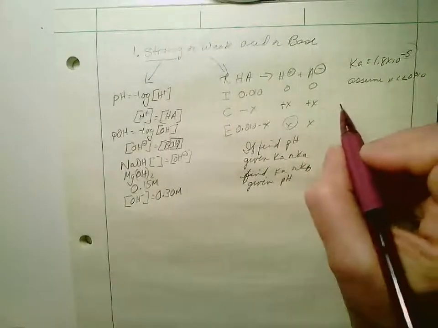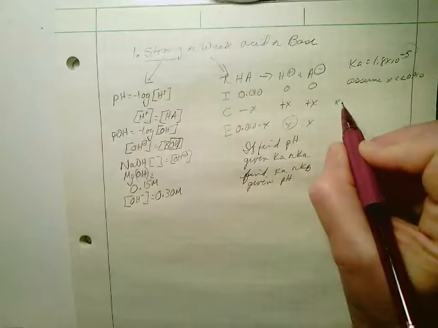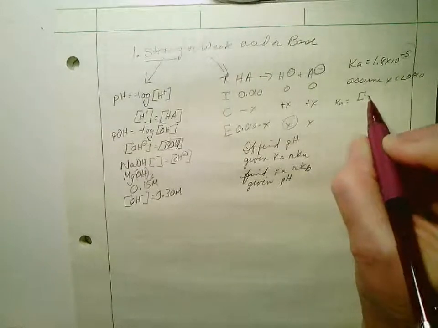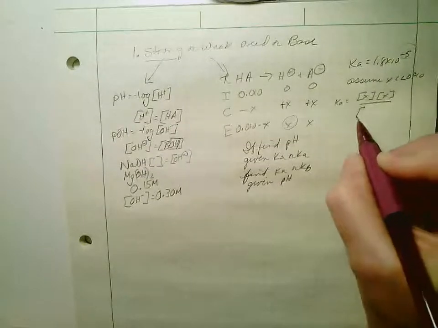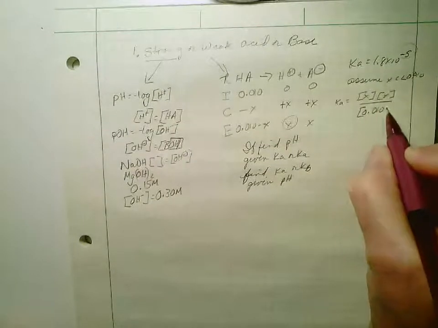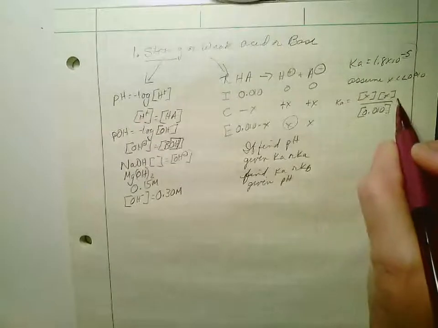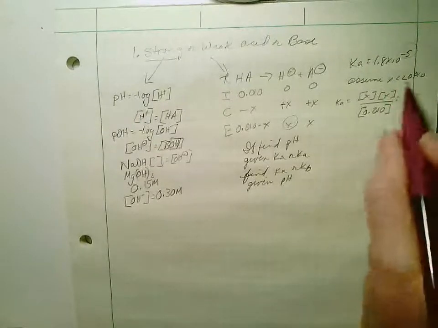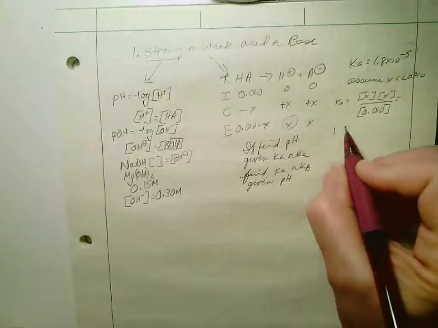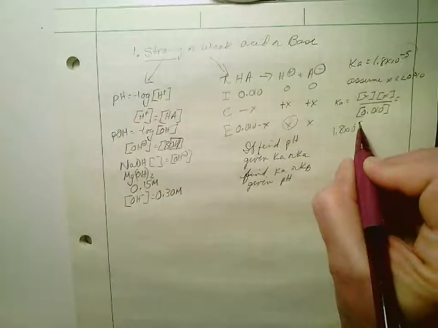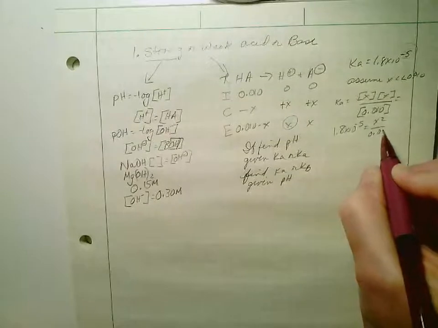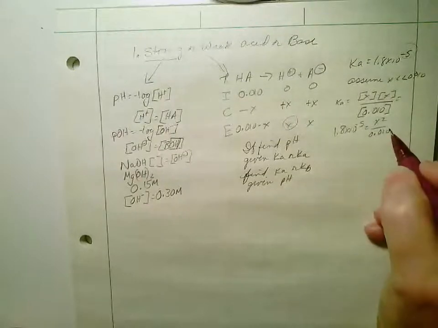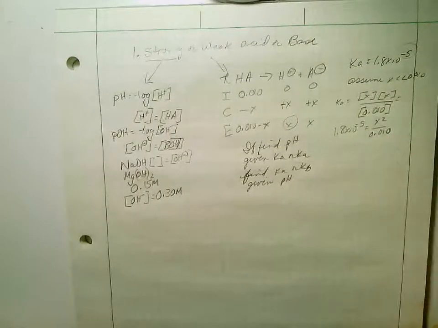So then my Ka would equal concentration of x times concentration of x divided by 0.010, which is going to equal that 1.8 times 10 to the negative fifth. So 1.8 times 10 to the negative fifth would equal x squared over 0.010. And now I think you can figure out how to solve these. It's pretty straightforward.